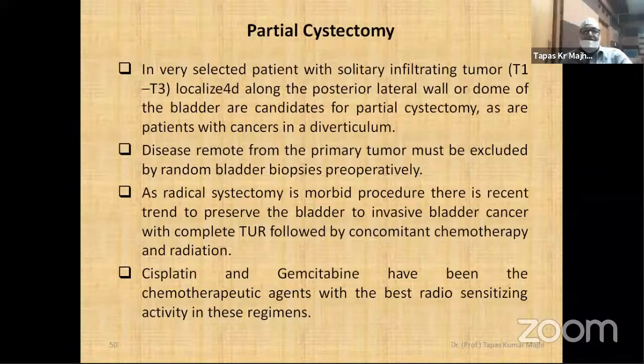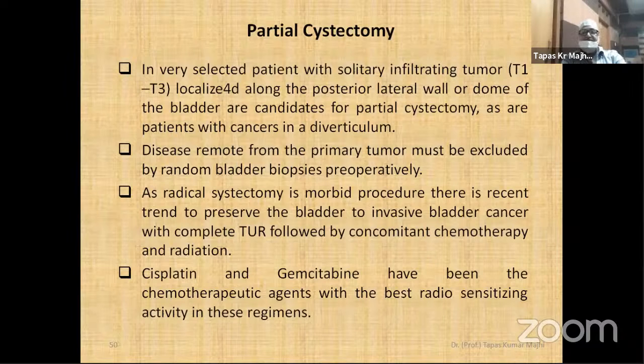In very selected patients, partial cystectomy can be done. Patients with a solitary infiltrating tumor localized to the posterolateral wall or dome of the bladder are candidates for partial cystectomy, also patients with cancer in a diverticulum. Disease elsewhere away from the primary tumor must be excluded by random biopsy preoperatively.